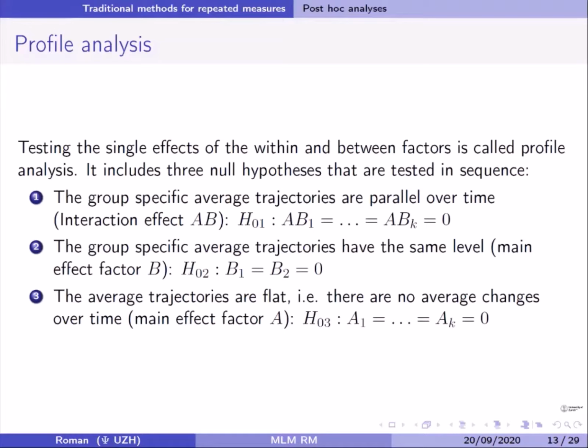The main factor B, so just saying the groups have the same means, and that the time points have the same means. So these are our nulls: that the time points have the same means, the between subject groups have the same means, and the interaction, so each group at each time point has the same means as each other group at each other time point.